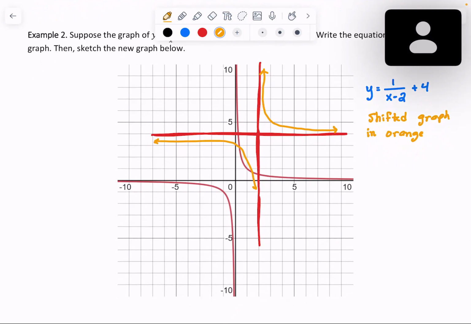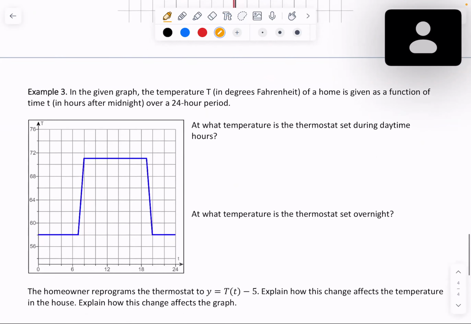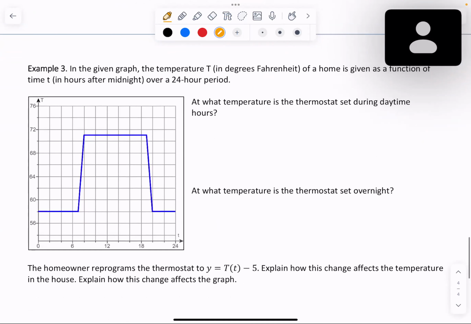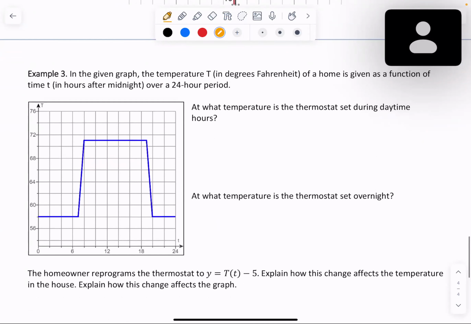So now let's go on to this third one here. It says in the given graph, the temperature T in degrees Fahrenheit of a home is given as a function of the time t in hours after midnight over a 24-hour period. The first part says, at what temperature is this thermostat set during daytime hours?